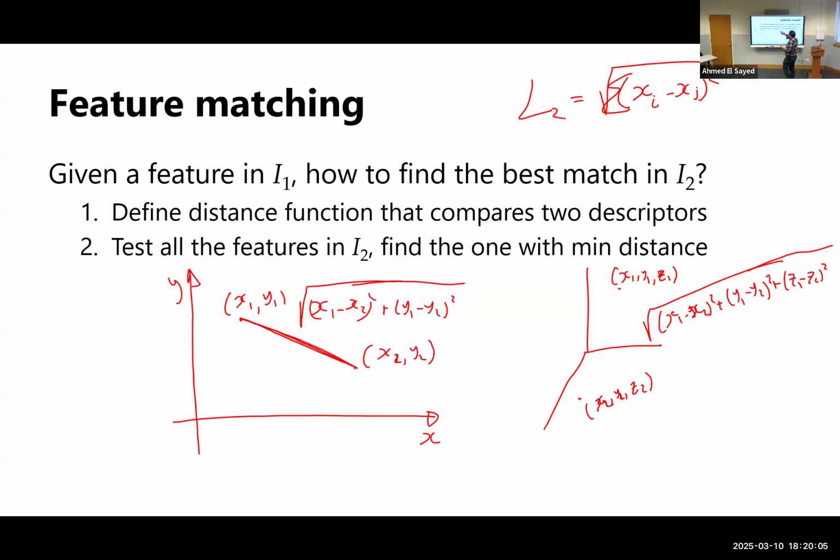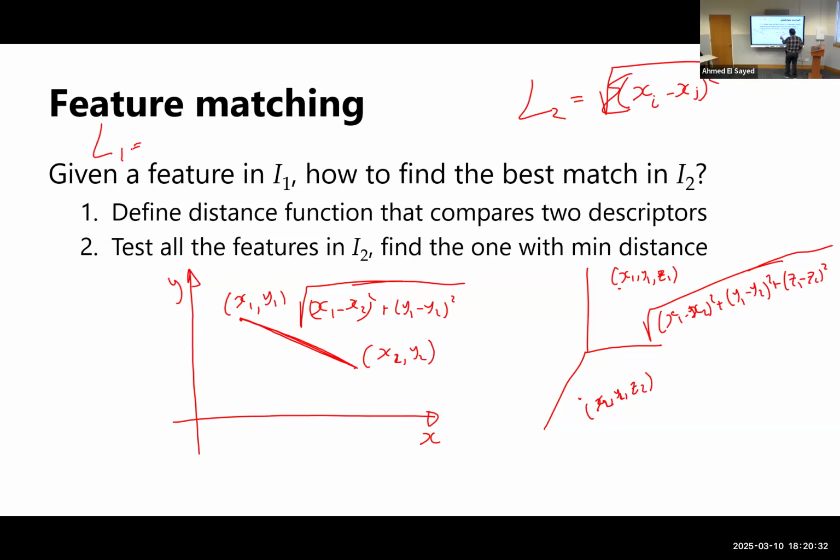Is it the only distance we can use to find how far the points are from each other? The answer is no. There are some other metric distances that we can use as well. As an example, there is another one called L1, or Manhattan distance.